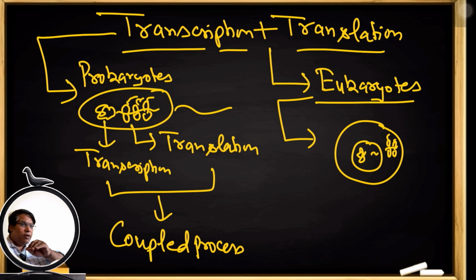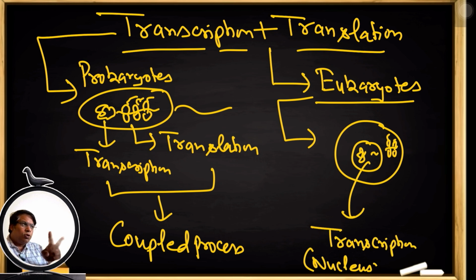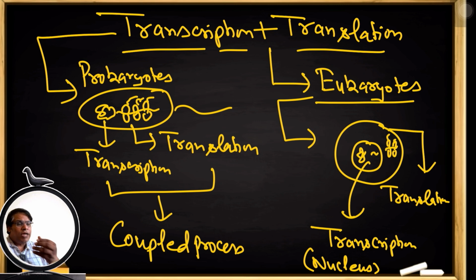Next, this RNA will be transported out, it will come out into the cytoplasm. Within the cytoplasm you are going to have ribosomes. So the translation process is going to happen within the cytoplasm. Both of the events are occurring in different compartments. So in eukaryotes, transcription occurs in the nucleus, while translation occurs within the cytoplasm.